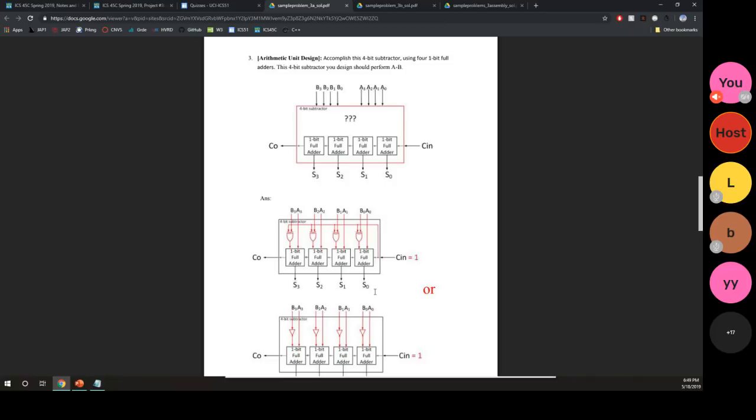Inverting a 2's complement number is doing that and then adding 1, but that's why our C in is there. And the subtractor is definitely going to be on the quiz. That's practically a given. She wants that. She likes that.